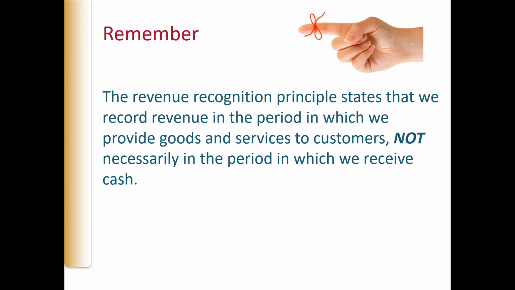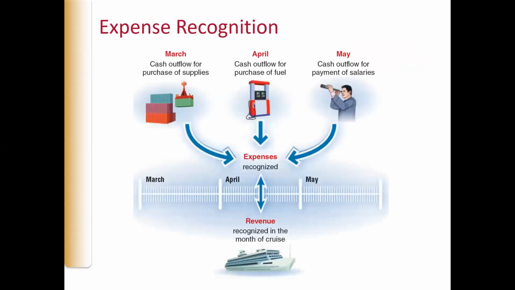So we record the revenues when we've provided the services. When we get the cash before we provide the services, we put that as a liability in deferred revenue. Because we receive the cash, we still owe them something, which is a future sacrifice.